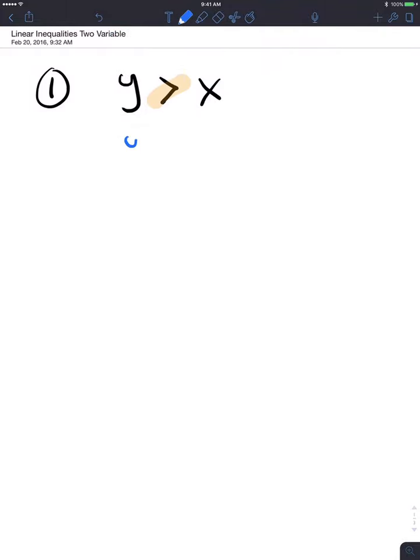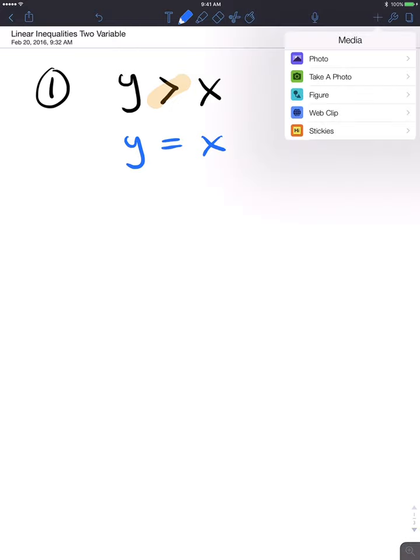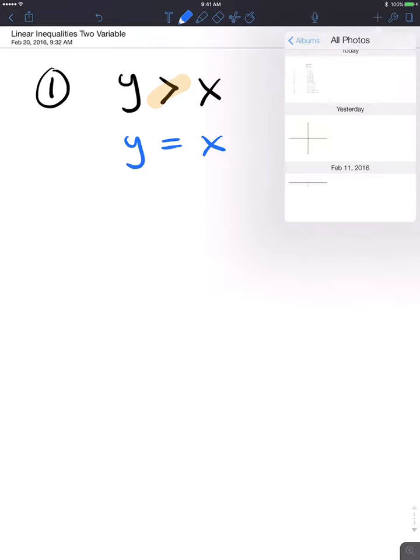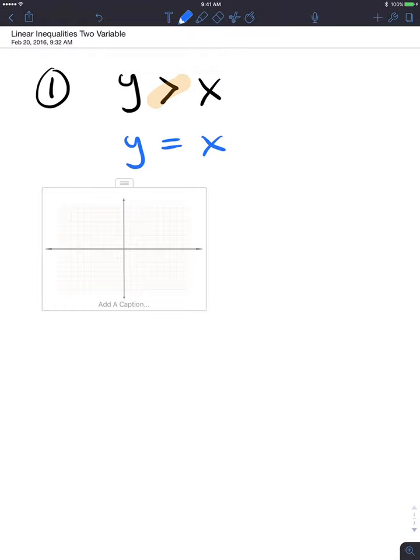Remember, we have to graph the equality first. Y equals x. Now, when we graph this equality, we're going to need some graph paper. Here we go.